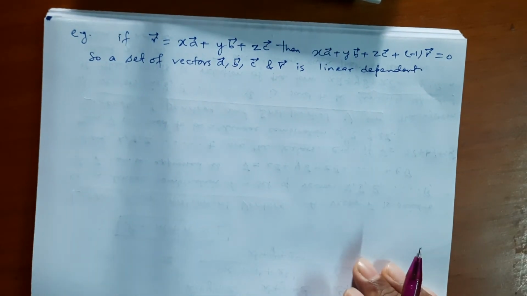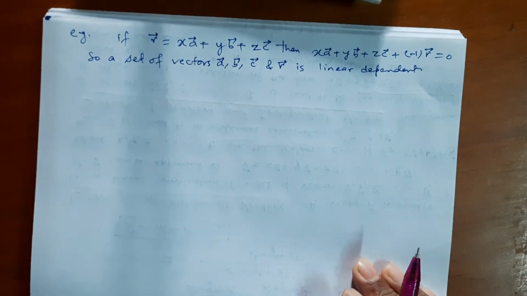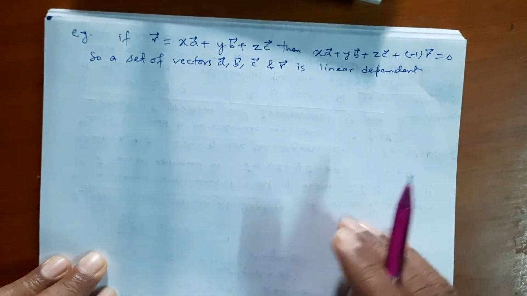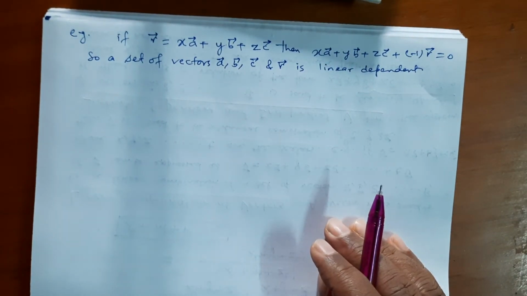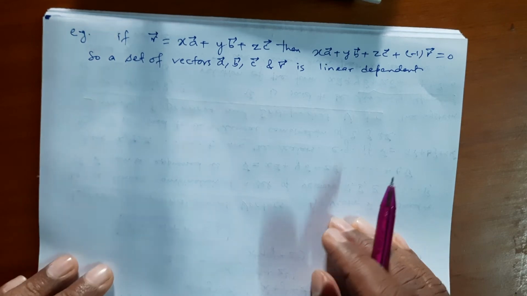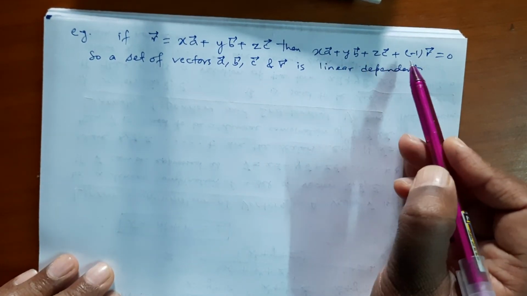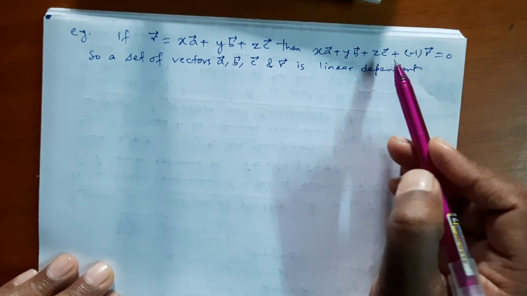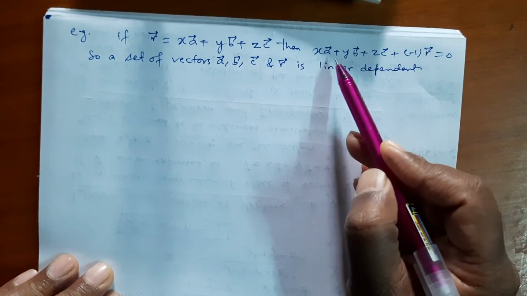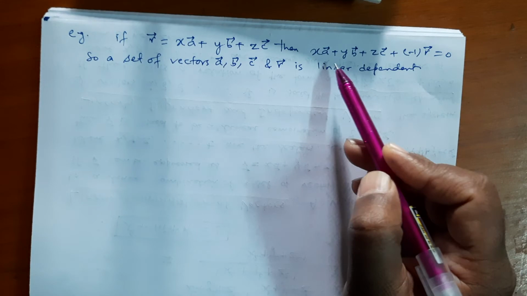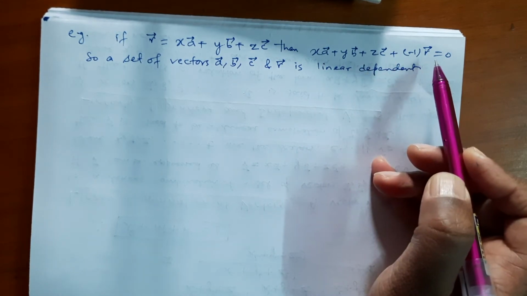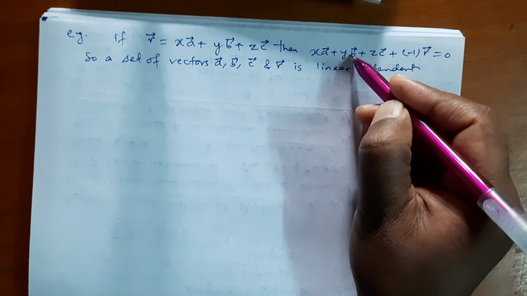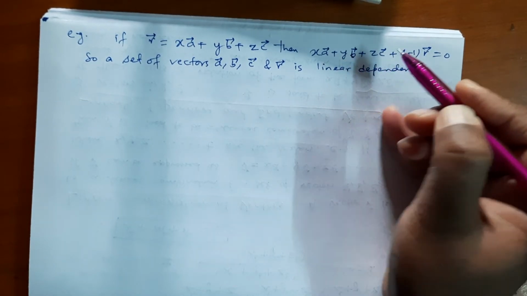In the case where x, y, z and the other scalar are all 0, there is freedom for A, B, C and vector R to have any value, so they will not depend upon each other.